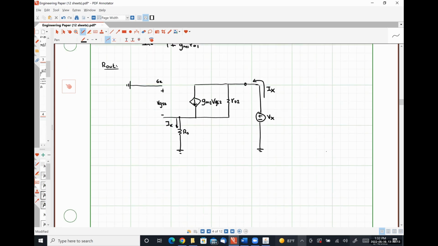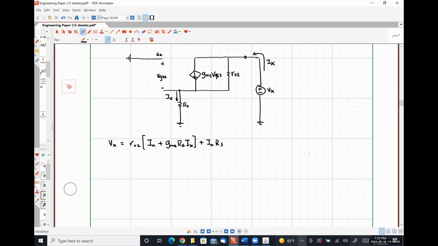I'm going to have Vx equal to the voltage drop over resistor R02, so it's R02 times Ix, minus GM2 VGS2, where in this case VGS2 is negative IXRS, plus the voltage drop over RS, which is IXRS.